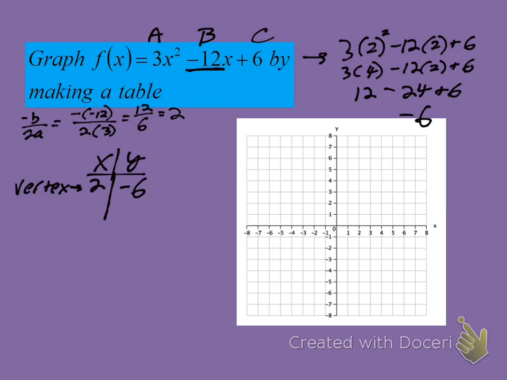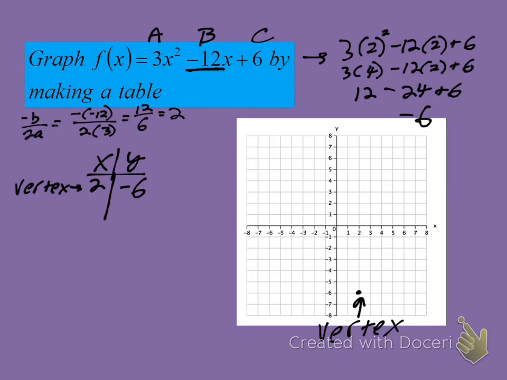Then we're going to go to our graph and plot that point. I'm going to make a big deal about it being the vertex. Everybody good with how I did that?